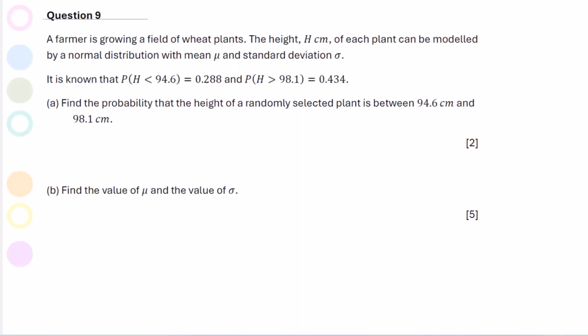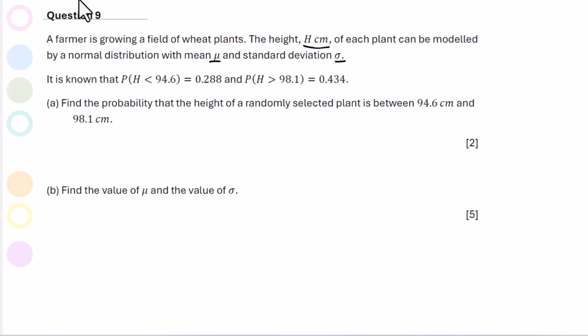Let's go to question 9. A farmer is growing a field of wheat plants. The height h of each plant can be modeled by a normal distribution with mean mu and standard deviation sigma.